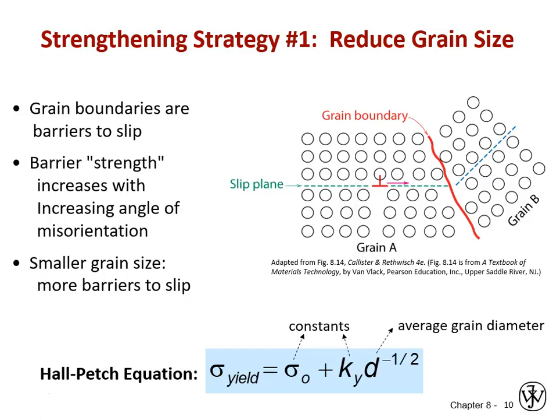And so as you refine grains, and therefore introduce an increasing amount of grain boundary surface and decrease the distance a dislocation can move before it hits a grain boundary, you're going to increase yield stress. And it's a negative 1/2 relationship. So your yield stress is going to be related to a constant stress plus another constant times your average grain diameter to the negative 1/2.